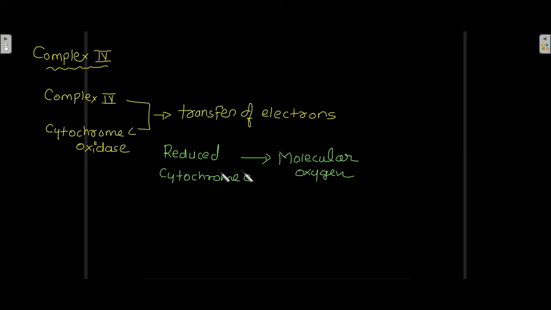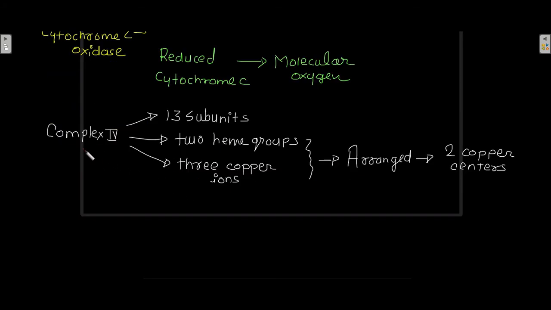This complex 4 is made up of 13 subunits, 2 heme groups, and 3 copper ions, which are arranged as 2 copper centers.